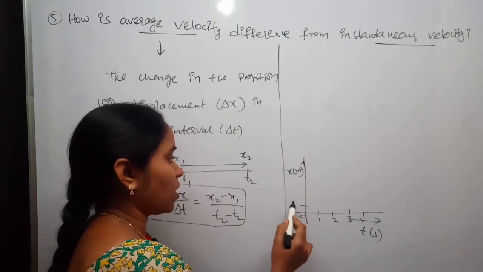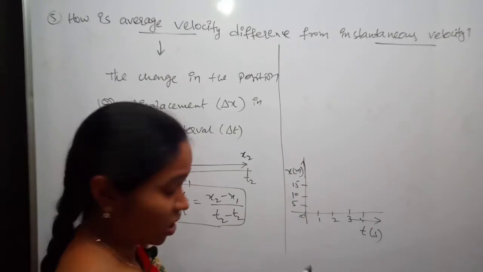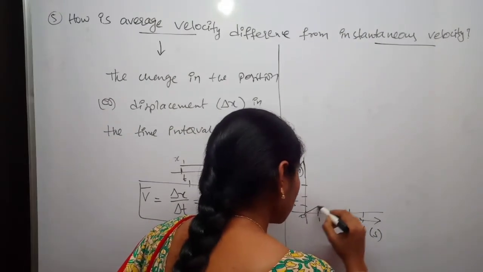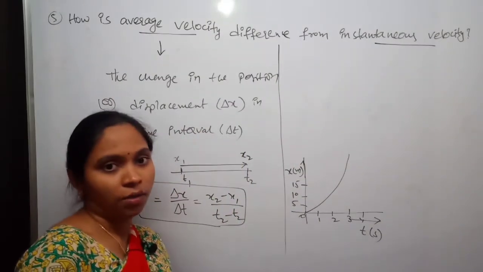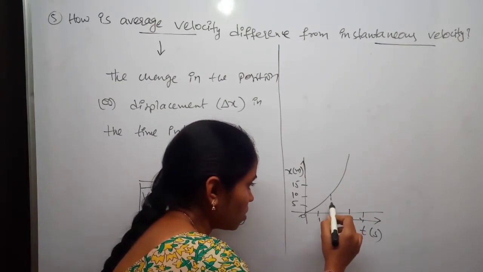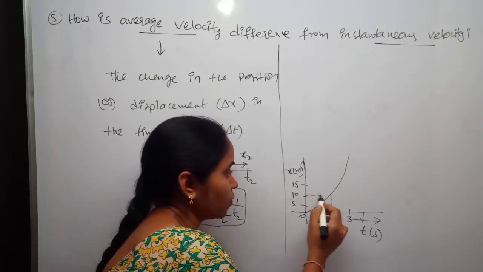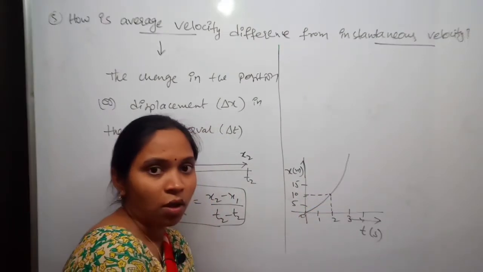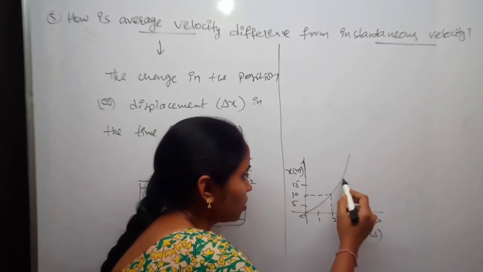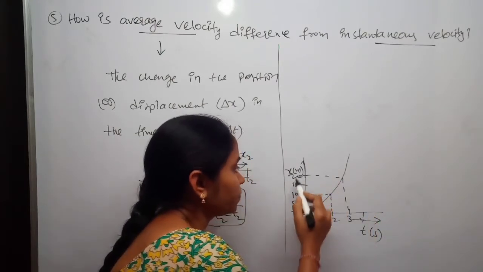I am taking 5 meters, 10 meters, 15 meters, and so on. If this is the motion of a car, in 2 seconds this is the position of the car, and in 3 seconds this is the position of your car.